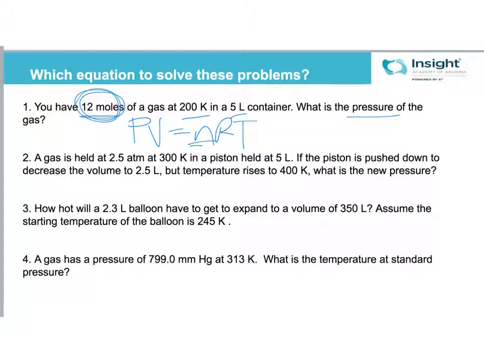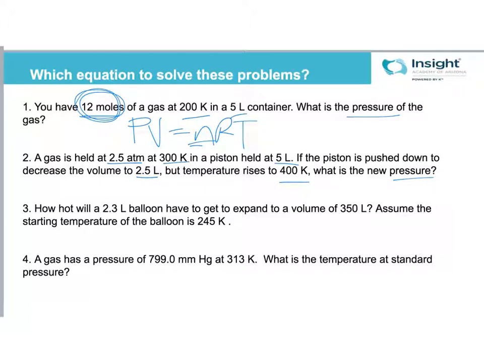Next one, a gas is held at 2.5 atmospheres at 300 Kelvin in a piston held at 5 liters. The piston is pushed down to a volume of 2.5 liters, but temperature rises to 400 Kelvin. What's the new pressure? So I've got a starting pressure, a starting temperature, and a starting volume.